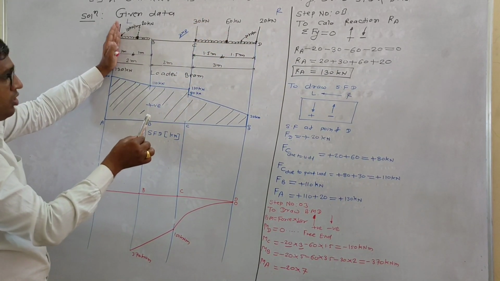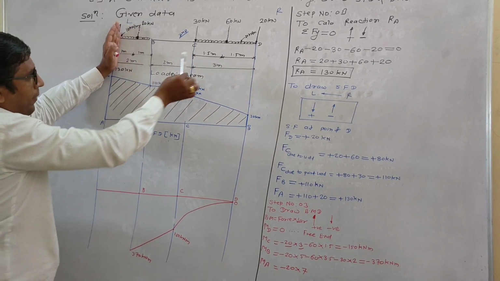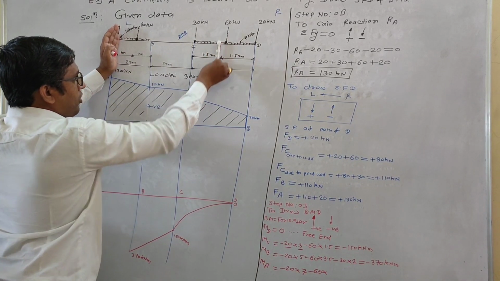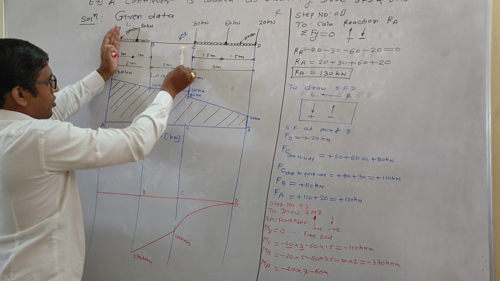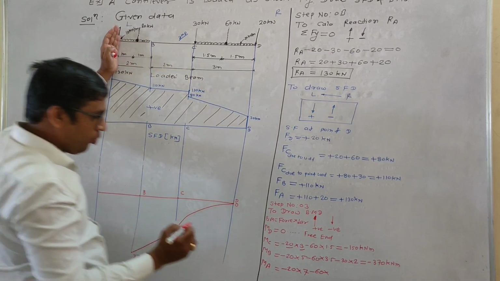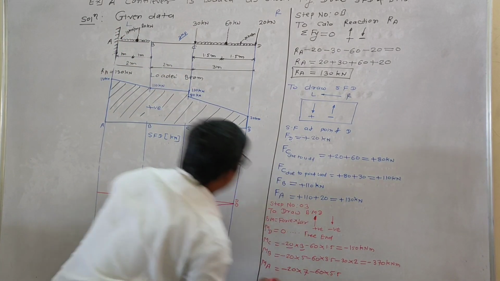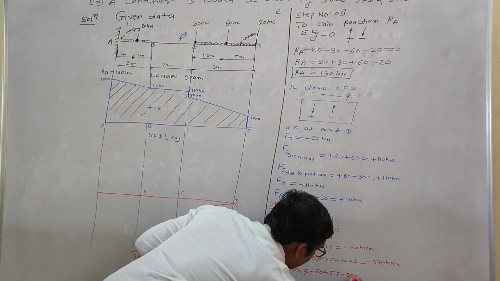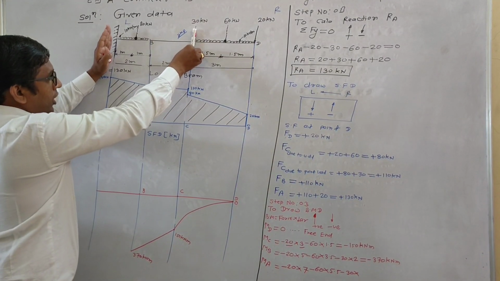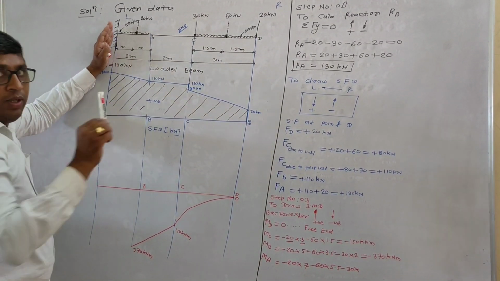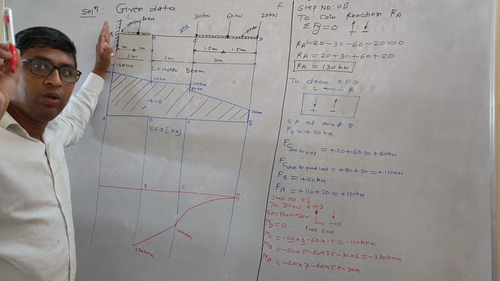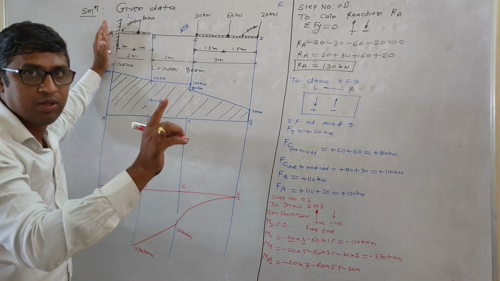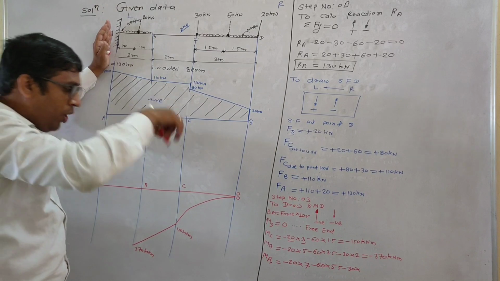Next force, this is concentrated at point A, minus 60. Minus 60 into, again, the perpendicular distance, 1.5 plus 2 plus 2, means 5.5. Again the next force, minus 30. Minus 30 into the perpendicular distance about point A. Remember, force into perpendicular distance about point A. Why A?